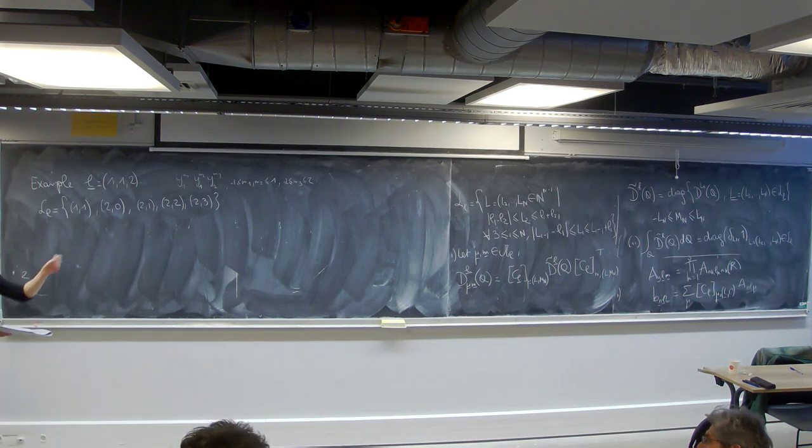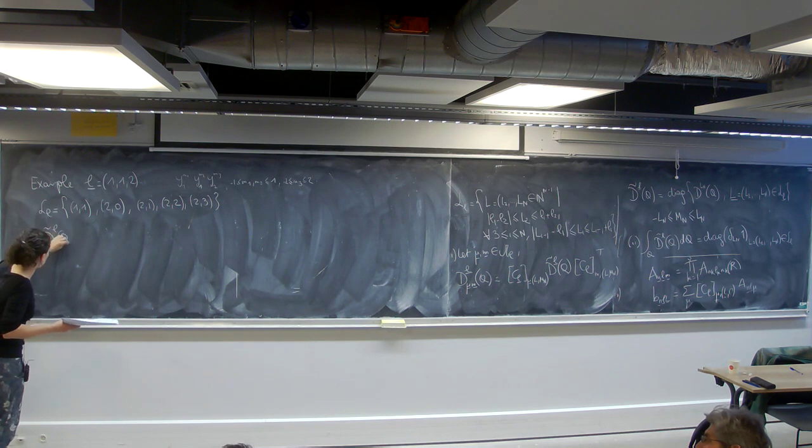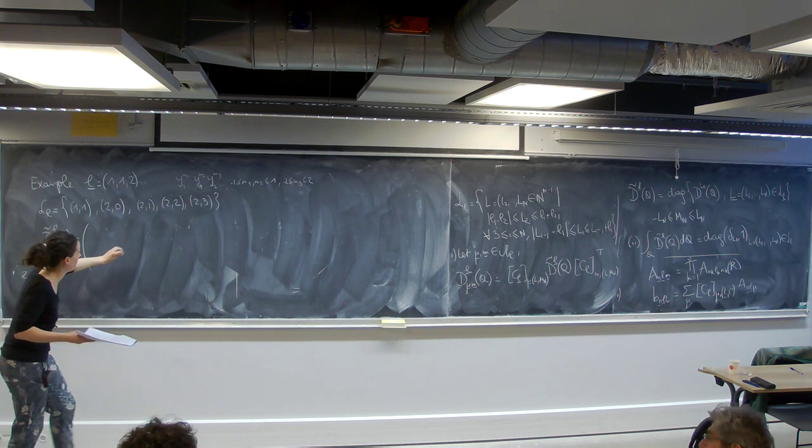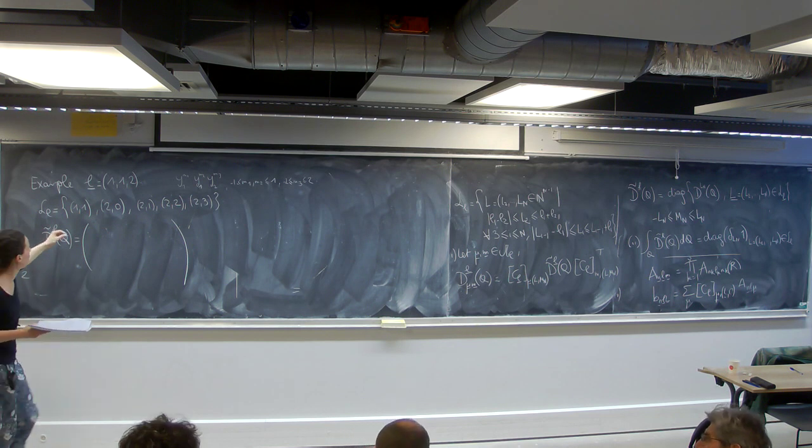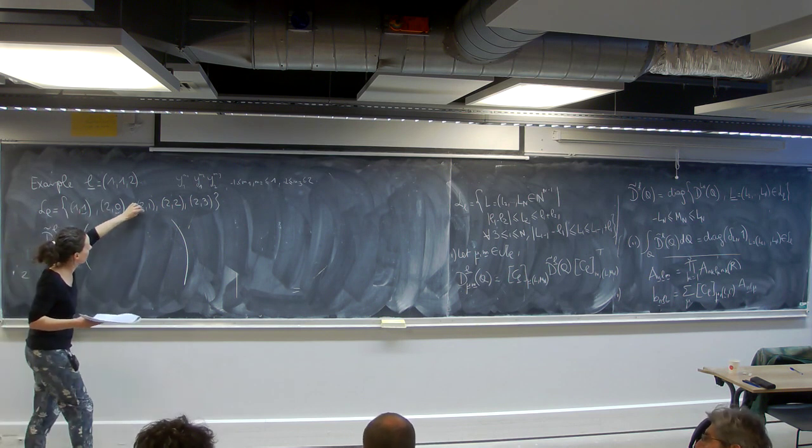And then the block diagonal matrix will be the matrix containing the small Wigner matrices for each of the last indices.